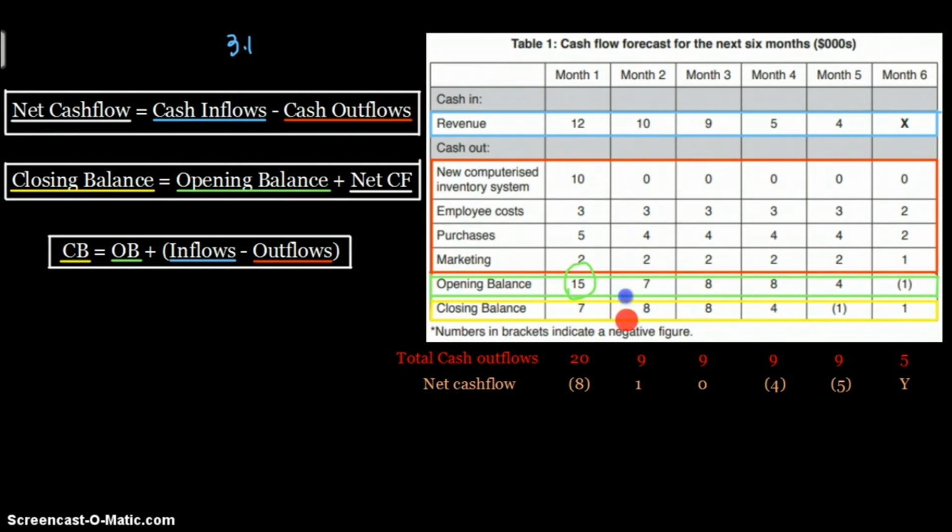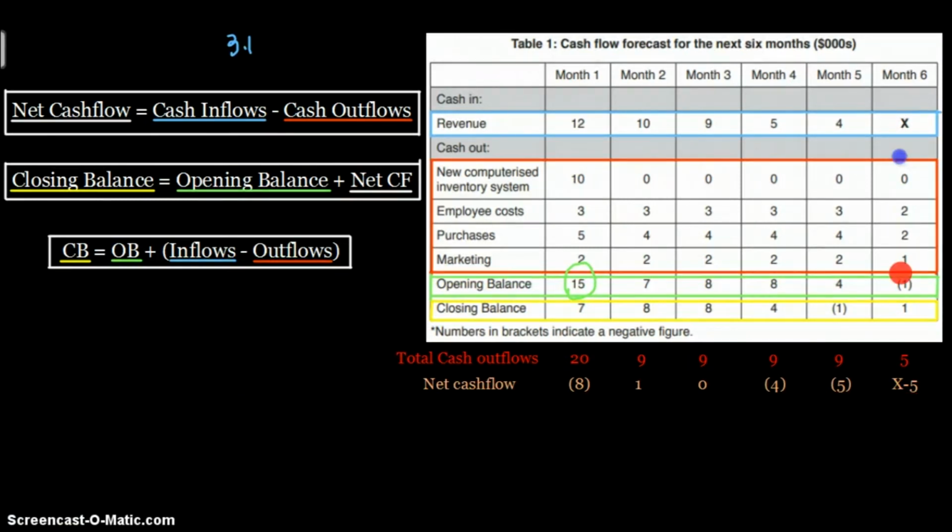Then we have 10 minus 9, we got $1,000. Then 9 minus 9, that's 0. Then 5 minus 9 is minus 4. 4 minus 9 is minus 5. And x minus 5 we don't know, so we'll write y. Or if you want, you can write it in a better way. I'll show you. This is a better way of writing that.